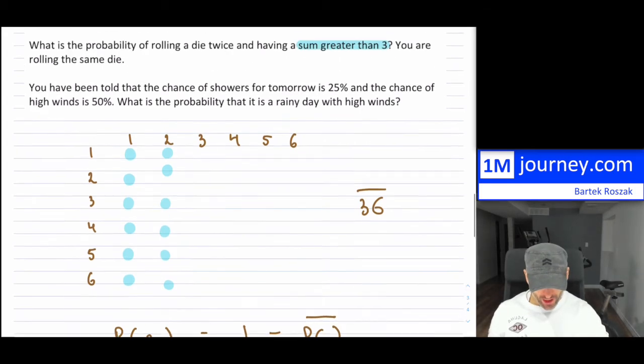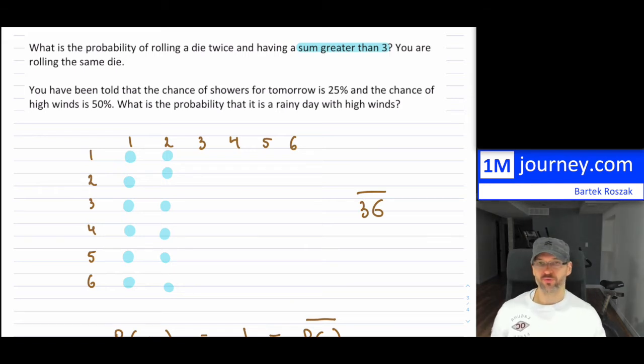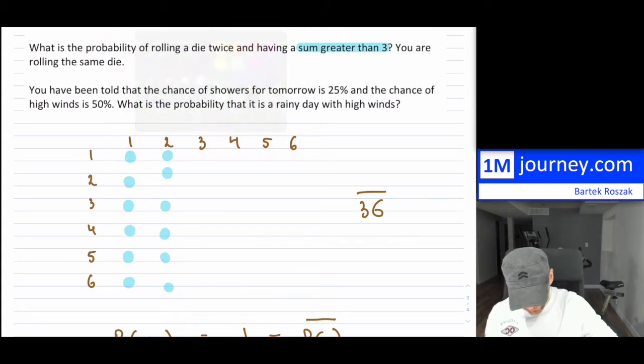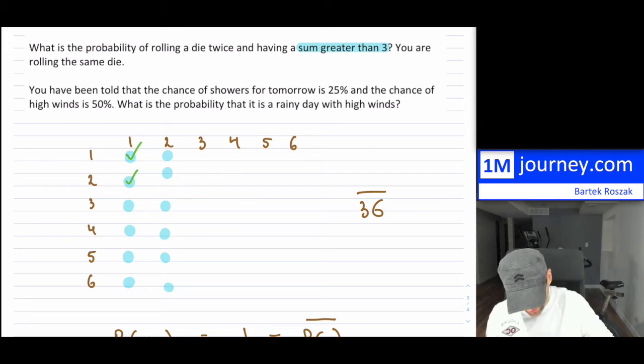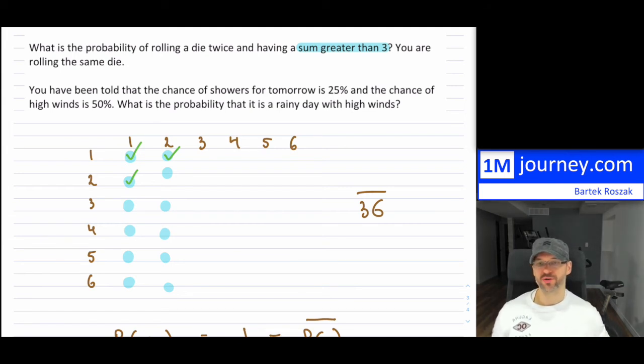So if I roll 2 times, when do I not get a sum which is greater than 3? That's if I roll, for example, a 1-1, so the sum is equal to 2. If I roll a 1-2, then that's 3. And if I roll a 2 and a 1, again that's 3. Everything else is greater than 3.